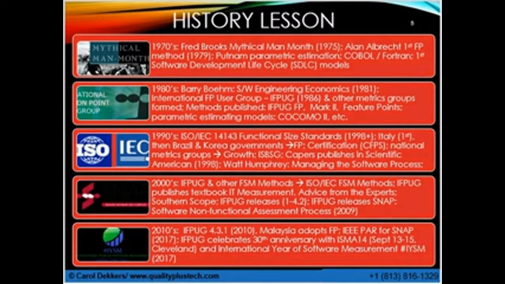In the 1970s, which I know is before some of you were born, Fred Brooks published The Mythical Man-Month, where he said software development, like any type of engineering practice, is limited in some cases by a minimum amount of time.